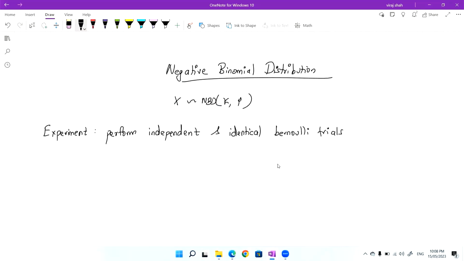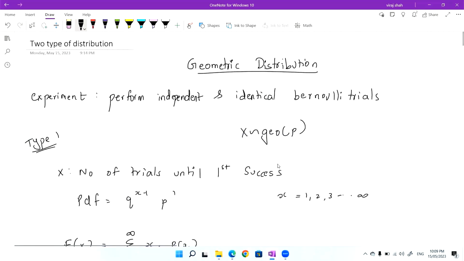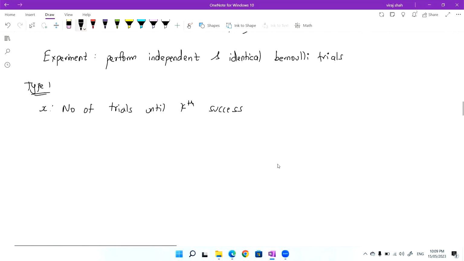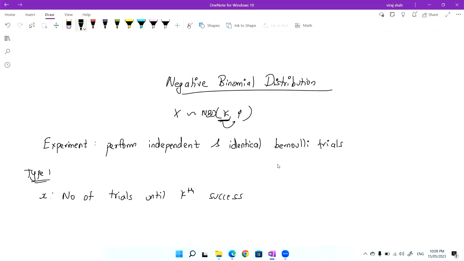And your type 1, which is x, is the number of trials until the kth success. If you carefully look at the parameters as well, here only probability was considered. Here two things: the number of successes you want and the probability. So it's nothing but an extension of your geometric distribution.